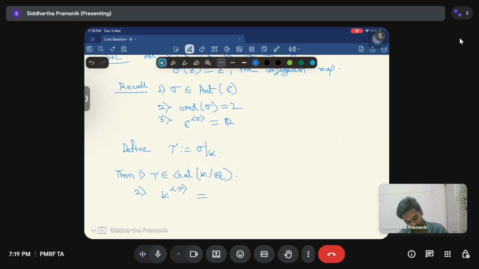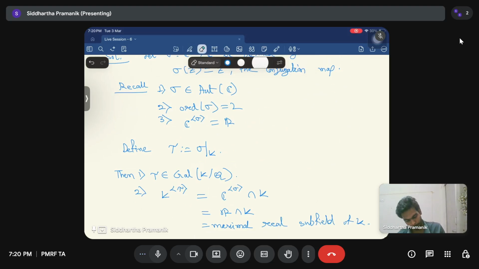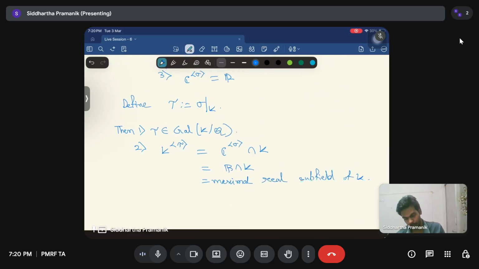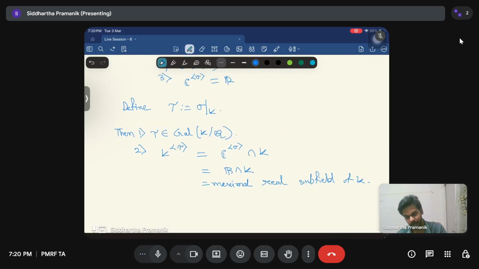This is the same as you take the fixed field of sigma and intersect with K. So this is the same as R intersection K, right? So this is the maximal real subfield of K. So we need to find this one.